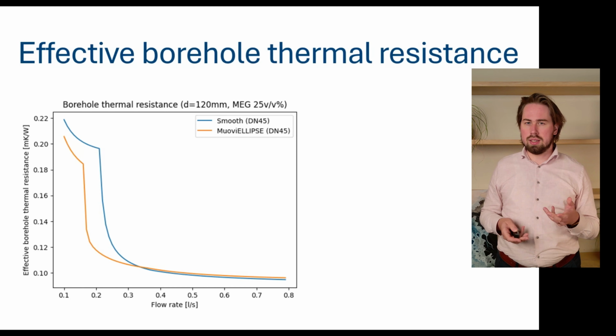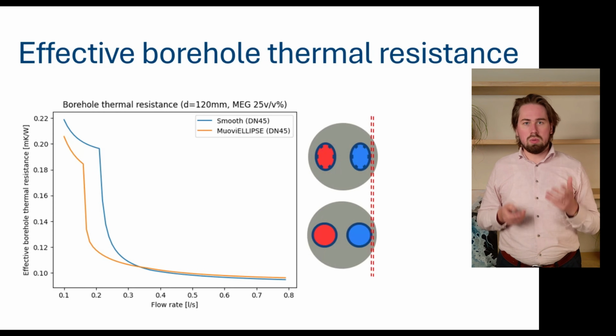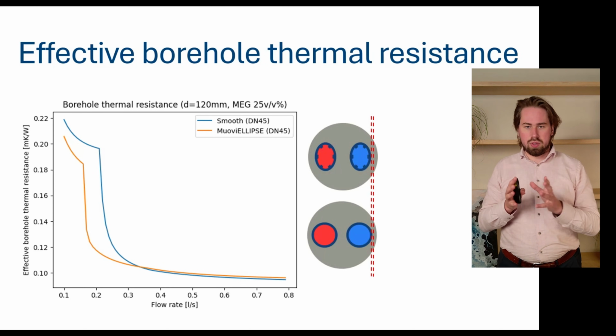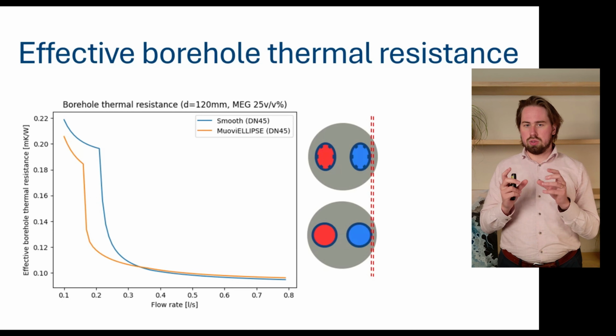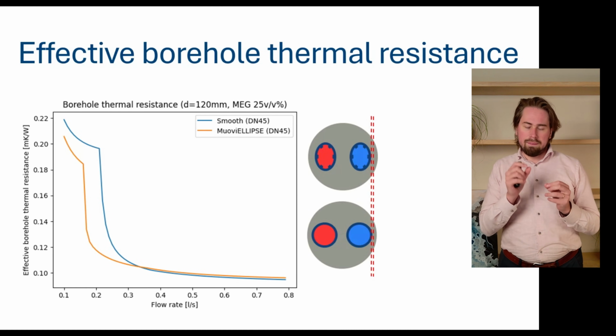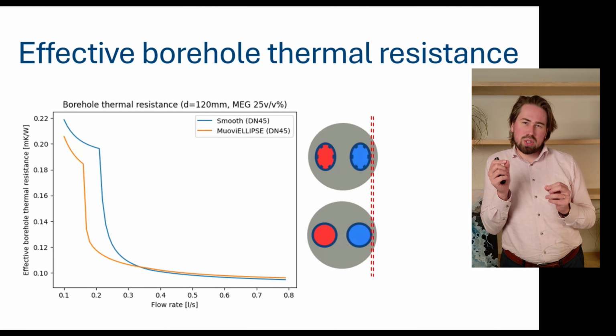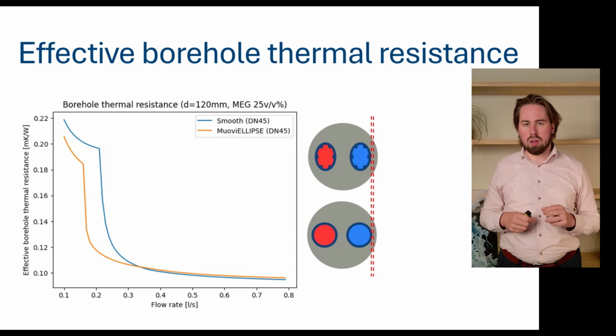And to understand the reason for that, we have to take a look at the cross-sectional areas. Because both here have a diameter of 120 millimeter. But what you can see for the smooth DN45 is that these pipes are actually ever so slightly closer to the borehole wall.